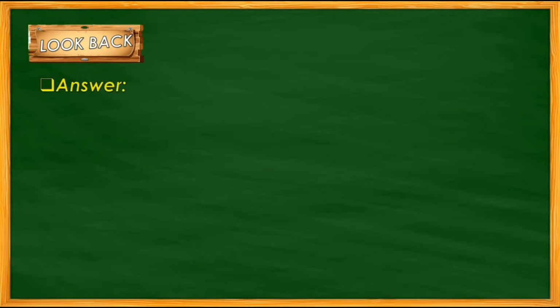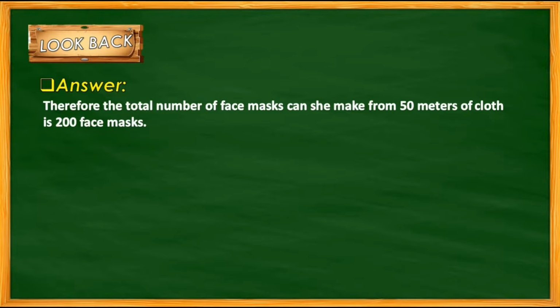So let's look back. The answer is, therefore, the total number of face masks she can make from 50 meters of cloth is 200 face masks. To check our answer if correct, we have the 200. This would be the answer. And then we're going to multiply this by 1/4.